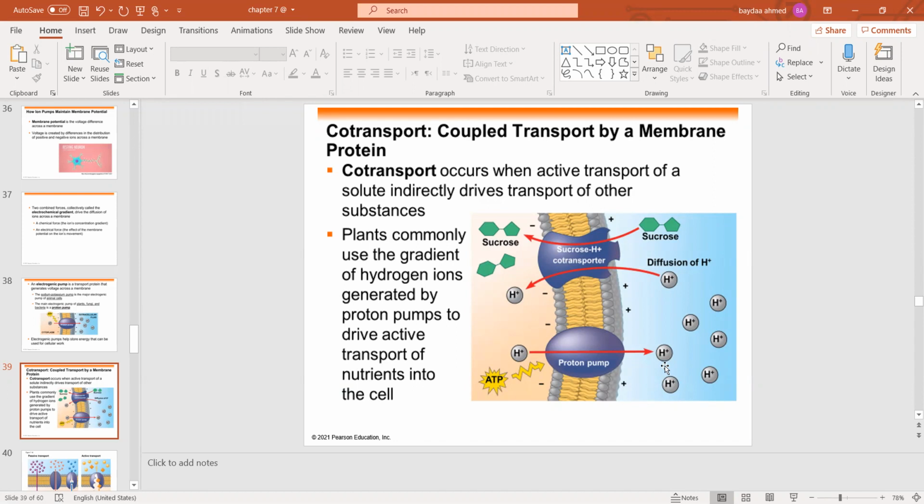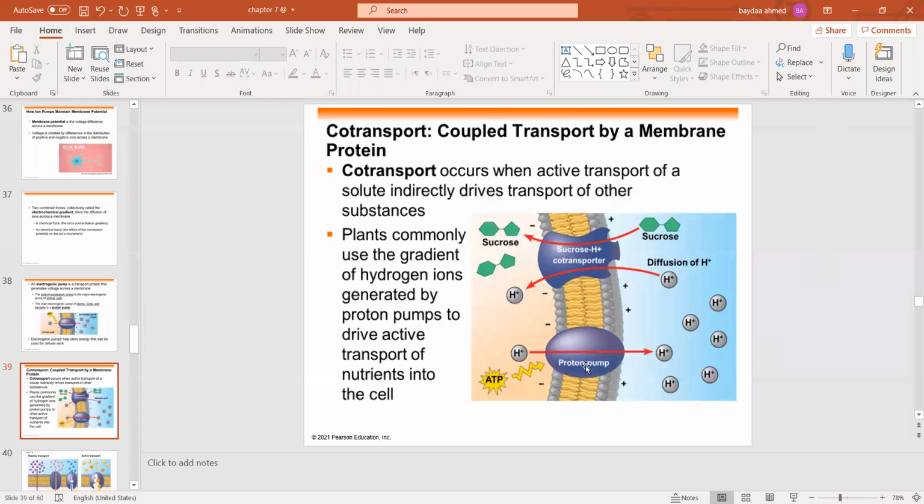The resulting hydrogen gradient represents potential energy that can be used for active transport of sucrose. In this case, the ATP hydrolysis indirectly provides the energy necessary for cotransport.